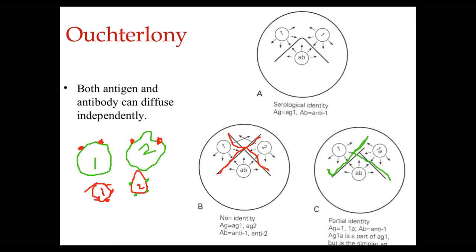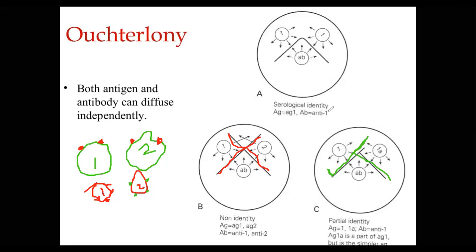We get this kind of line, and in partial identity we get this line because antigen number 1 has some epitopes which are identical to these antigens. Okay, so we get this line of identity precipitation.